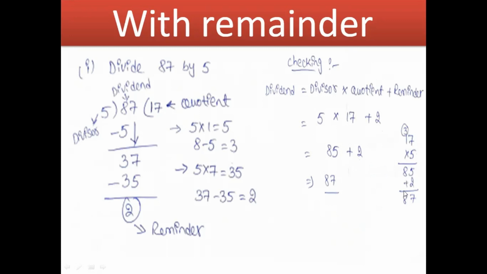Next add 2. 5 plus 2, how much? 7. 8 as it is. 85 plus 2, how much? 87. Dividend is equal to 87.